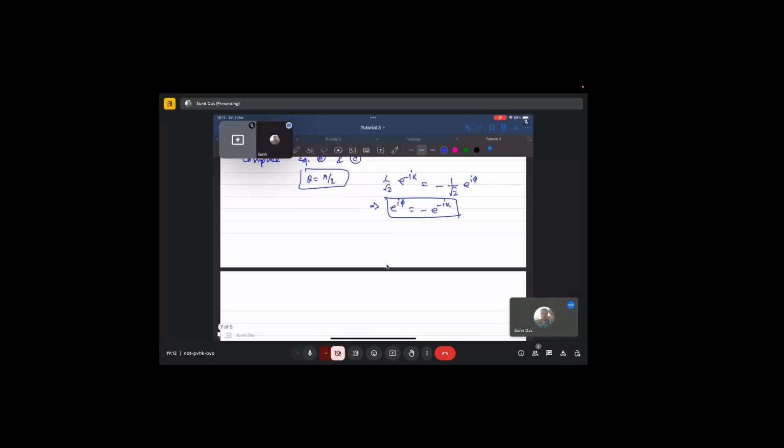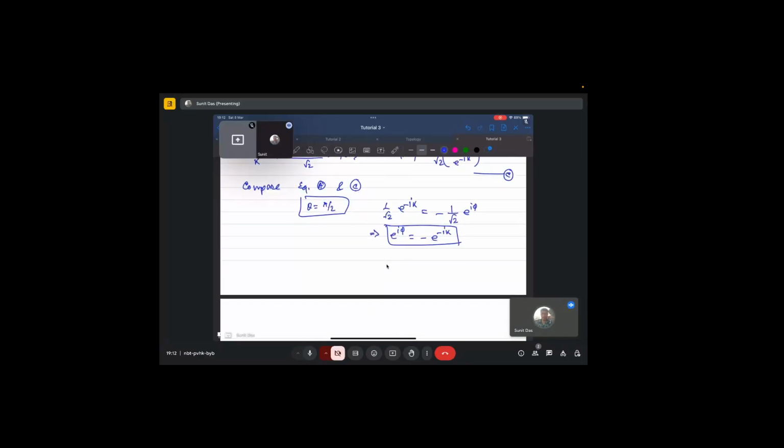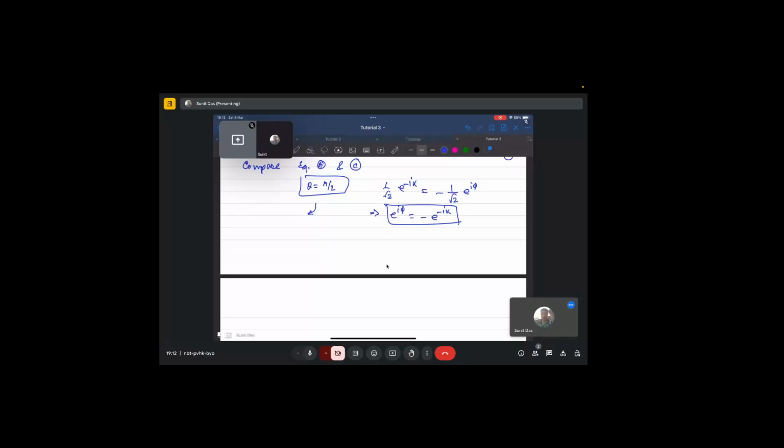In this case the contrast is that although the wave vectors lie in the xy plane, because of the k dependence of phi determined by this equation, the vectors are not along the same direction, unlike the previous case.